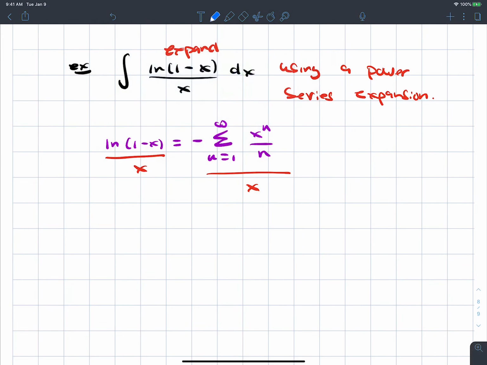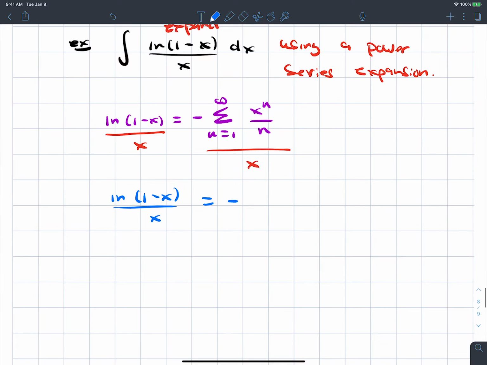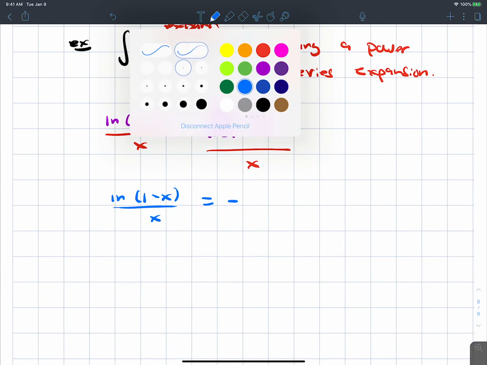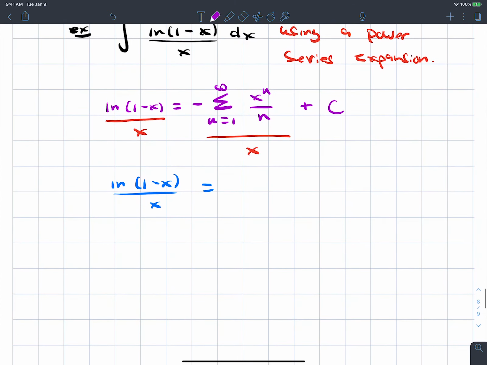So we have the natural log of 1 minus x over x now becomes, what do we get? And I think there's a c here somewhere. So let's not forget you have that plus c. I keep forgetting that plus c. So you have a constant. So let's make sure the constant's there. Anyway, we'll get that there. This is minus.